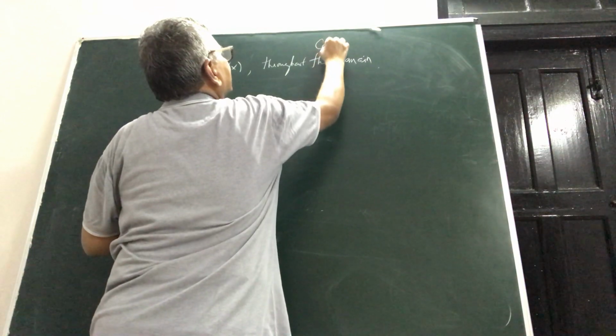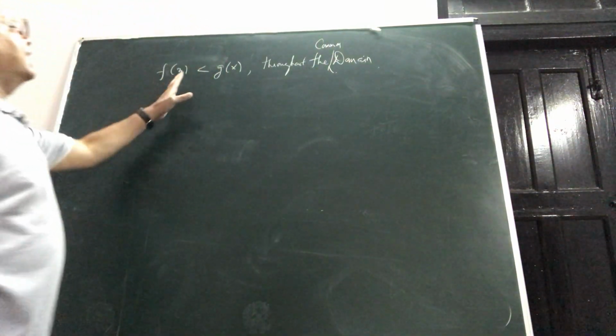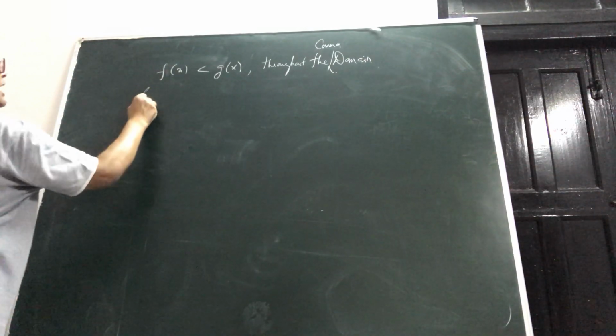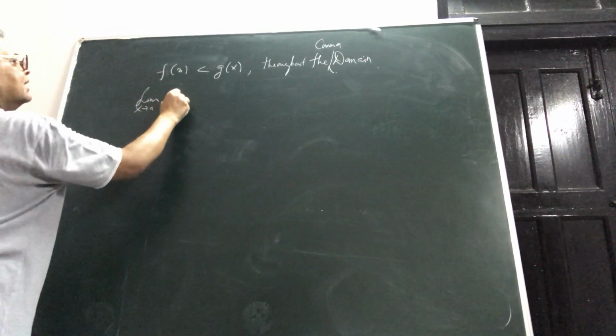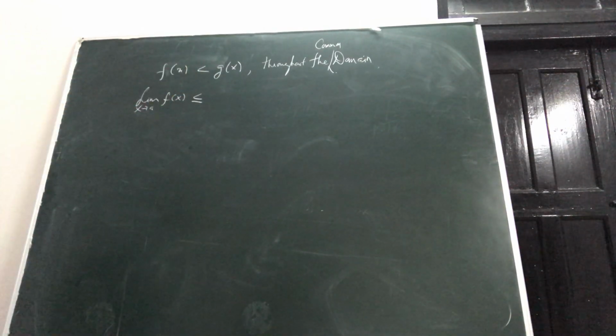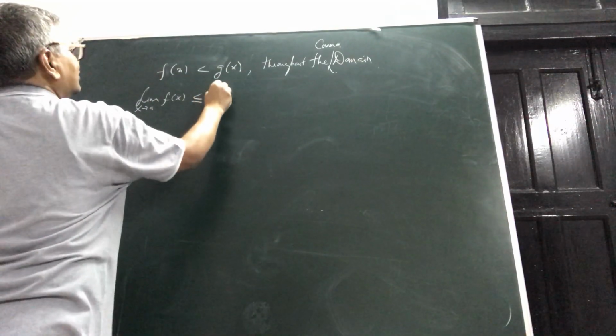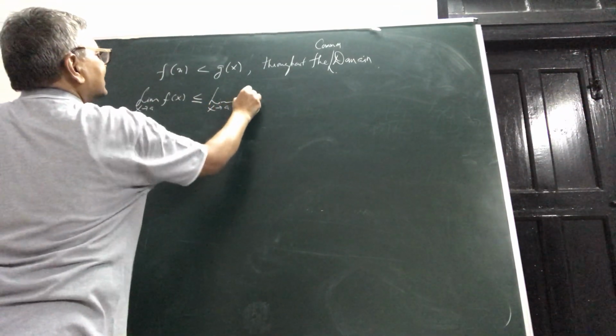Please make use of the word common domain. Then what we will show is that the limit as x tends to a of f(x) is less than or equal to the limit as x tends to a of g(x). Please remember here it is strictly less than, but the result will be less than or equal to.